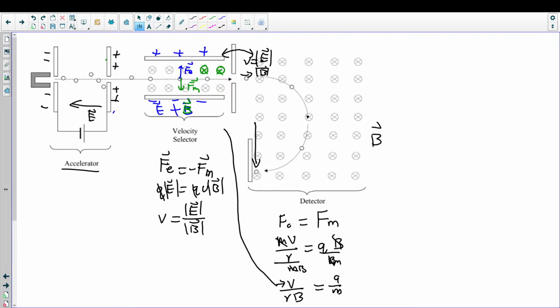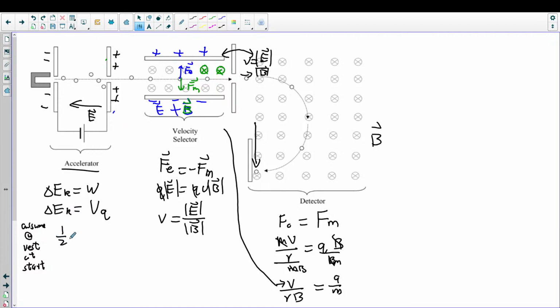Then the particles can accelerate, and the energy gained is going to equal the change in potential energy. So the work done equals the change in kinetic energy. It's equal to VQ, and let's assume it's at rest in the beginning; at least it's random, so on average it's at rest.